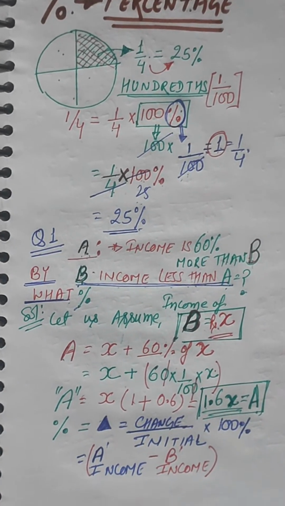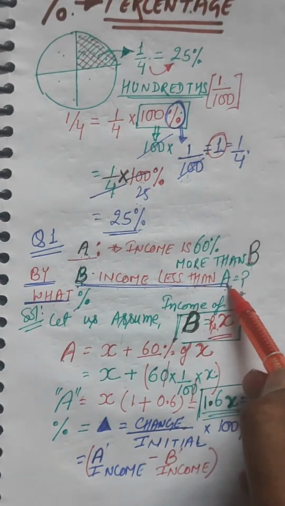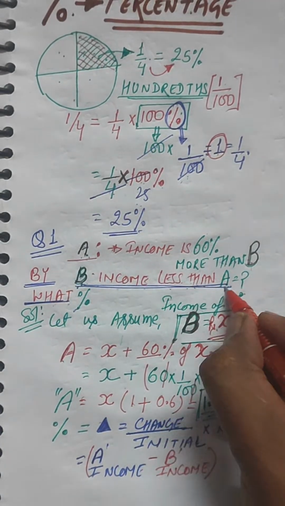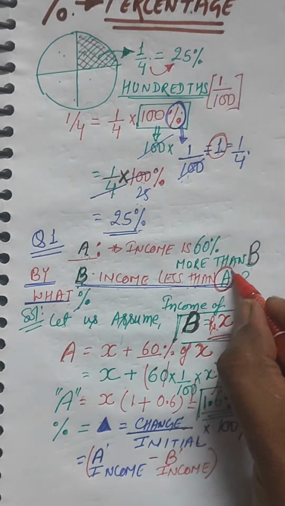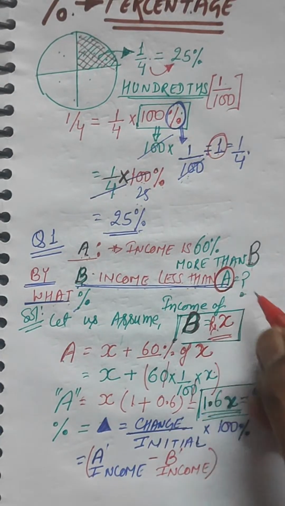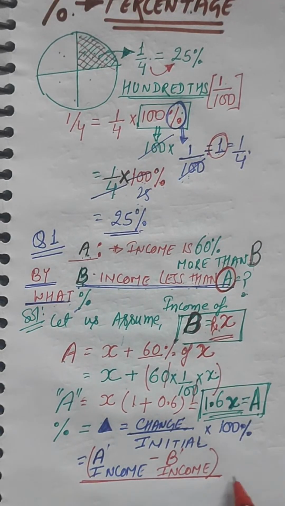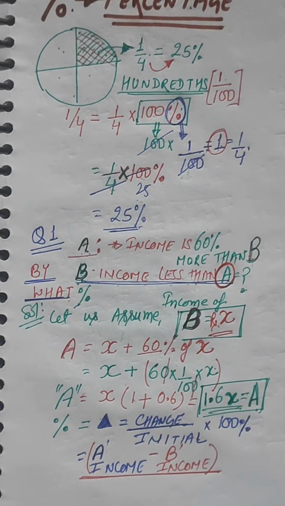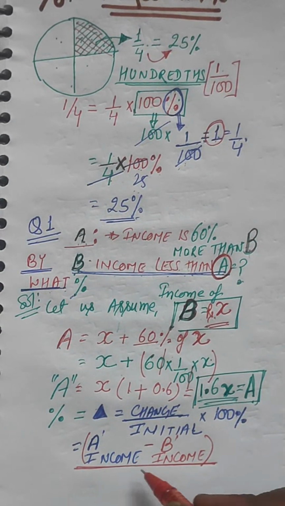And it is asked that by what percent B's income less than A. So than A, that means it needs to be compared with the salary or the income of A only. So into the denominator, now tell me, what will come? Either A's income or B's income.